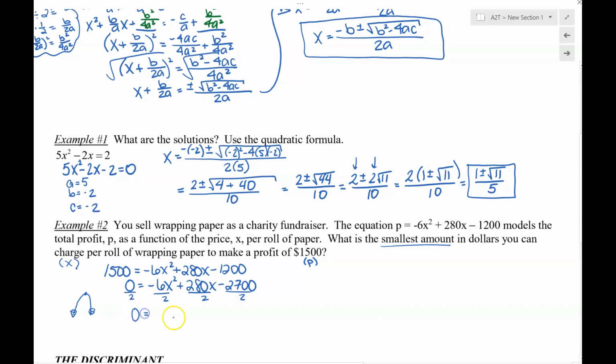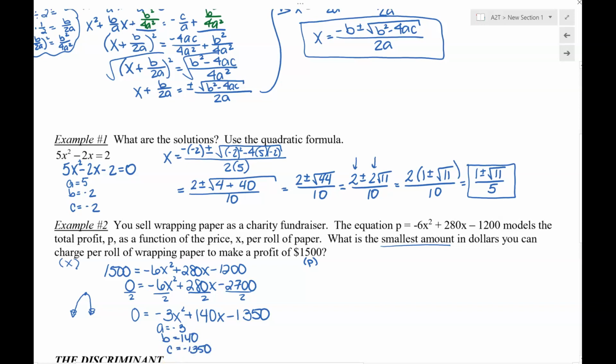So 0 is equal to negative 3x squared plus 140x minus 1350. Okay, I think we'll stop at that point. So A is now negative 3, B is 140, and then C is negative 1350.